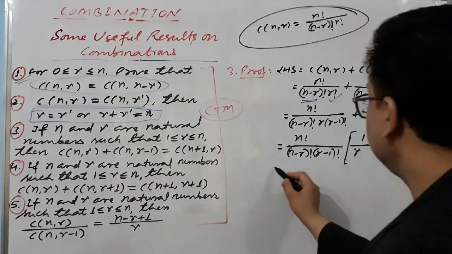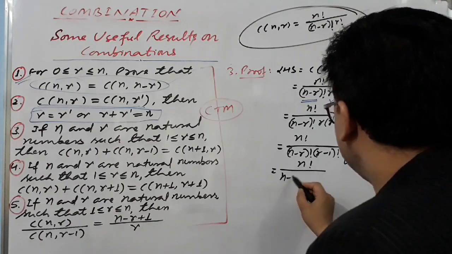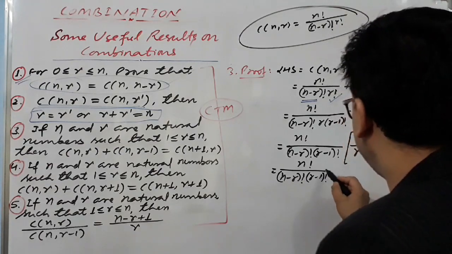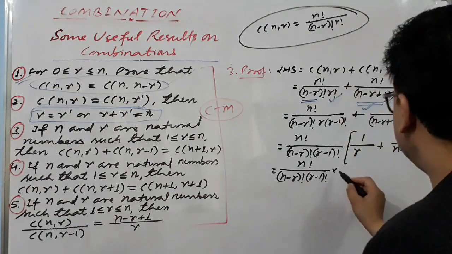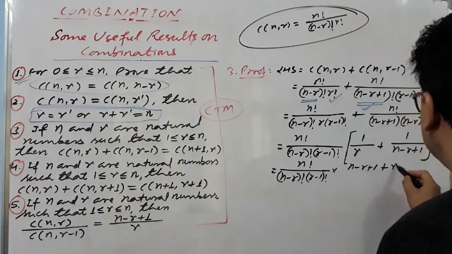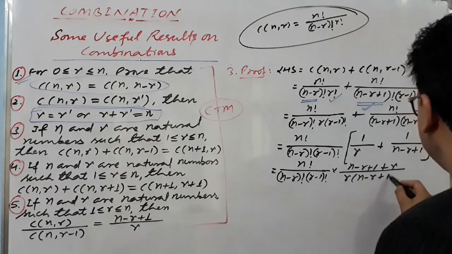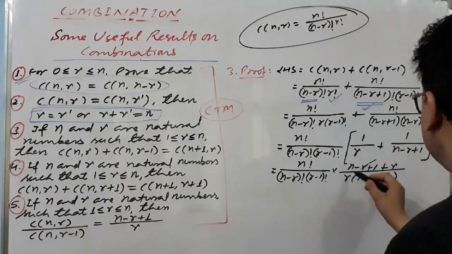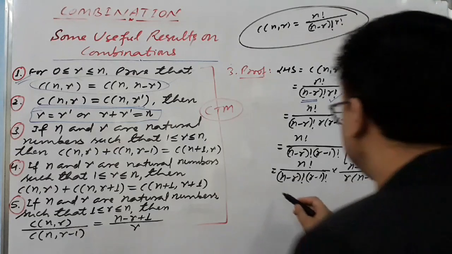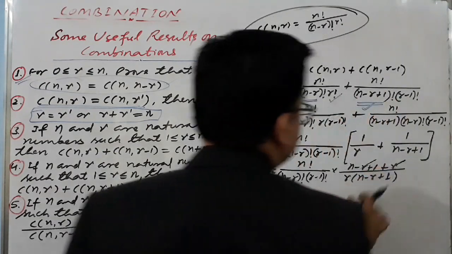Now we will take LCM. Here n factorial upon n minus r factorial and r minus 1 factorial, and here you will get n minus r plus 1 plus r over r times n minus r plus 1, and r cancels. You will get simply n plus 1 here.